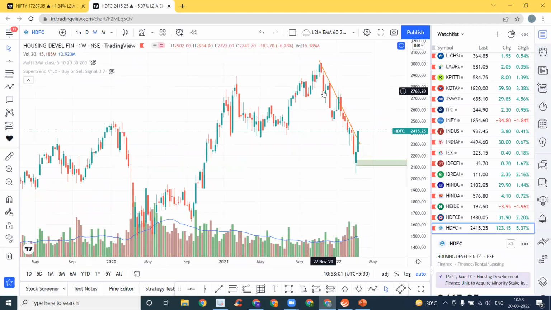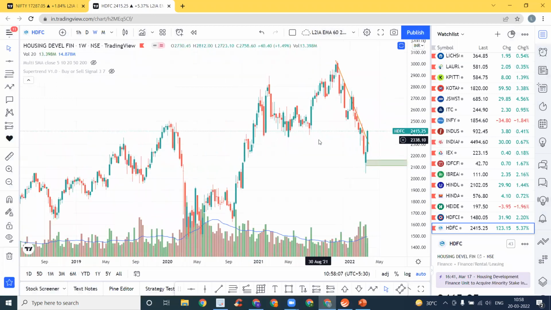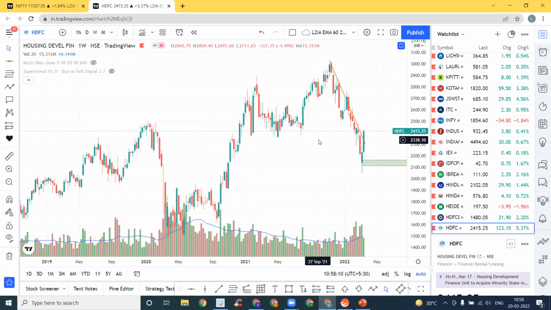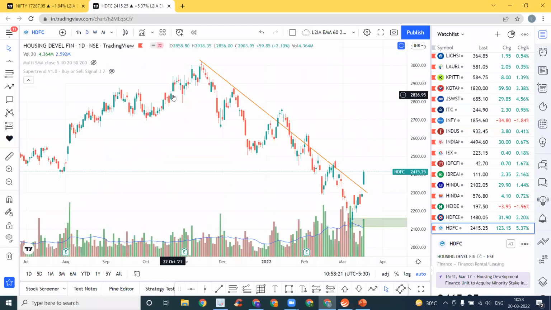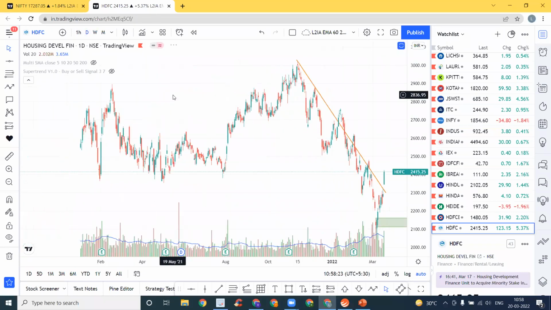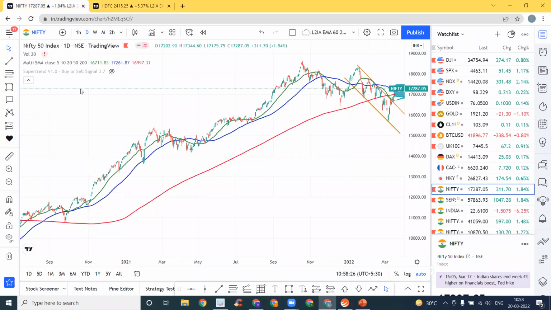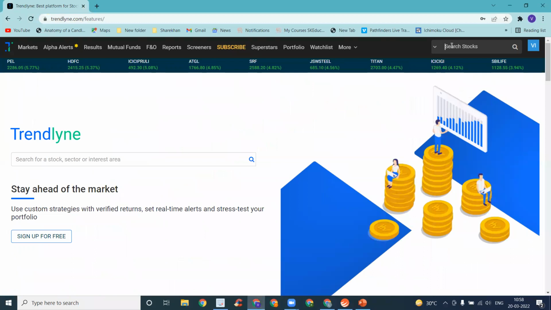Now you can see that HDFC is a stock which is in a falling knife kind of situation. And this is my opinion, which I hope I'm wrong about, because I find that HDFC is a falling knife currently. If you see HDFC in the last few years, it is giving me poor returns.